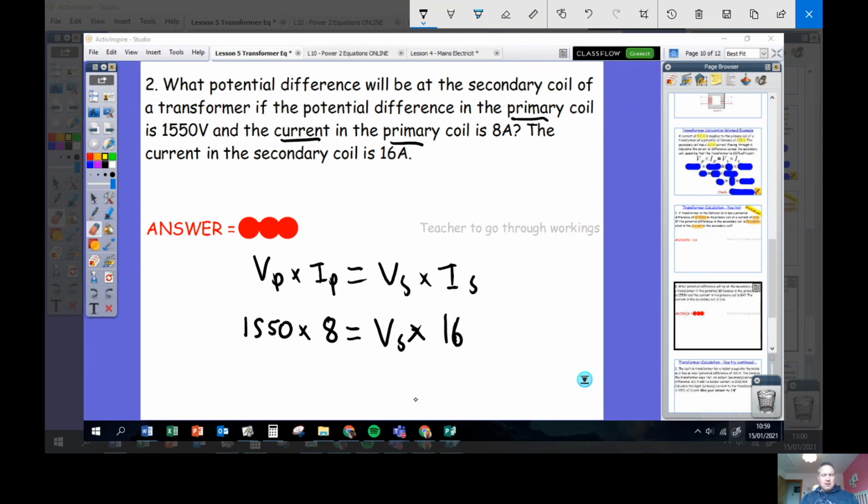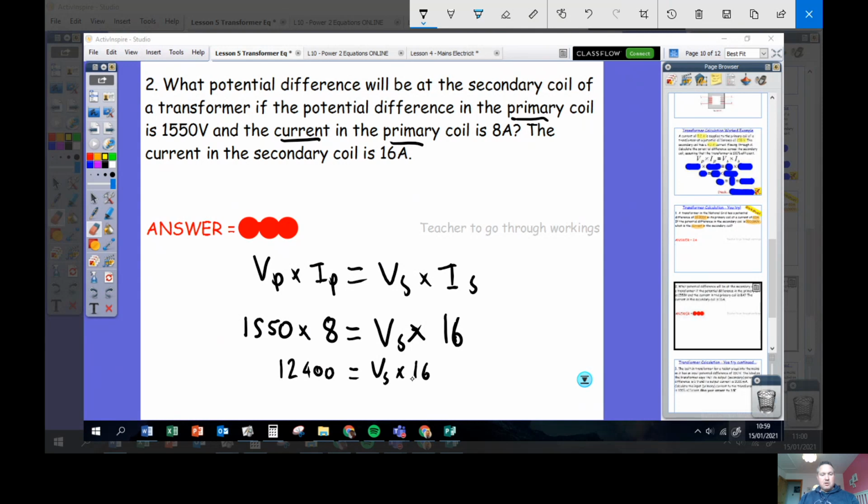1,550 times 8 equals my mystery number times 16. So I can just work this out now. 1,550 times 8, I'm just going to grab my calculator to do that. 1,550 times 8 gives me 12,400. 12,400 equals my mystery number times 16.